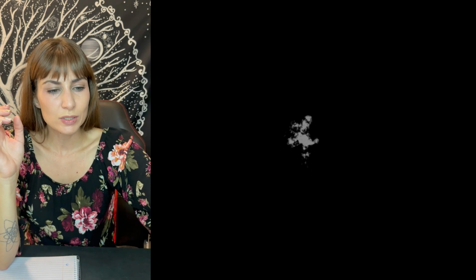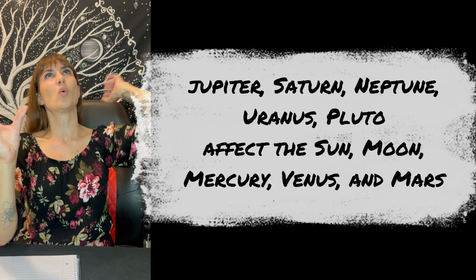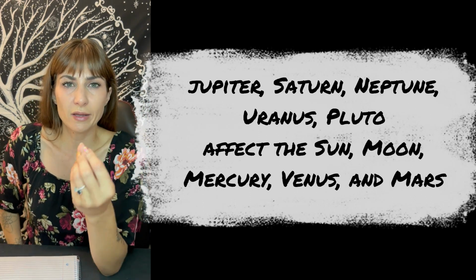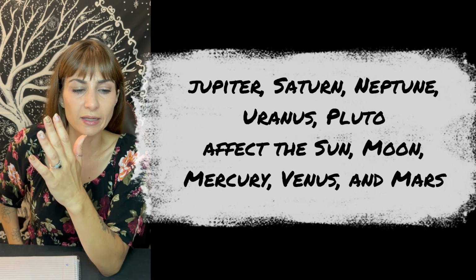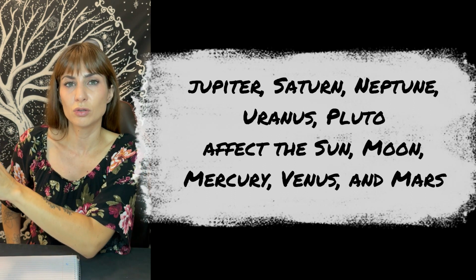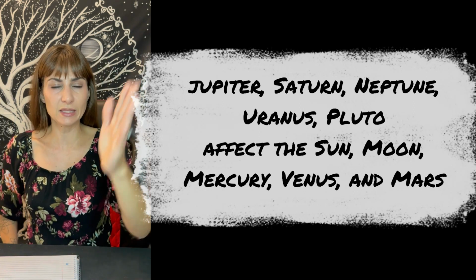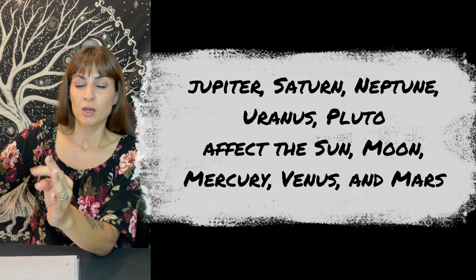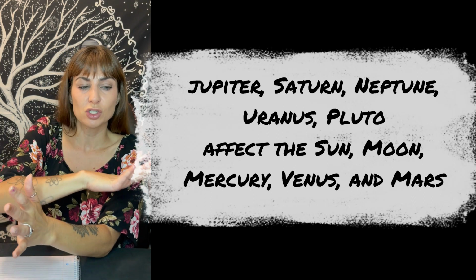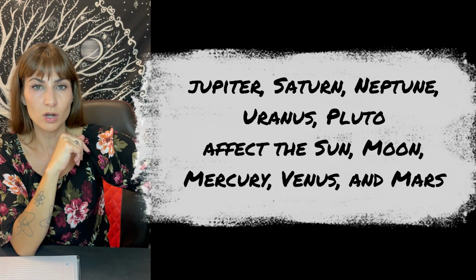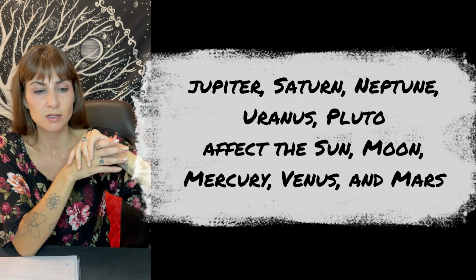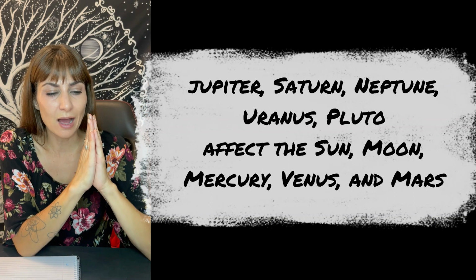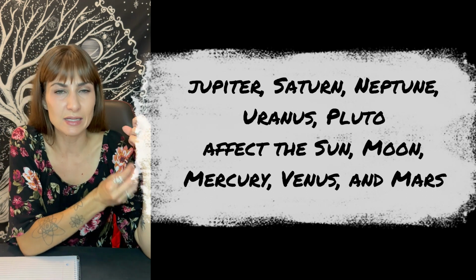Another thing I want to say about aspects is, if you are talking about a transgenerational or generational planet, meaning anything from Jupiter out to Pluto, and it's making an aspect to any of the inner planets or the ascendant, or any of the angles, then the outer planet is affecting the inner one.